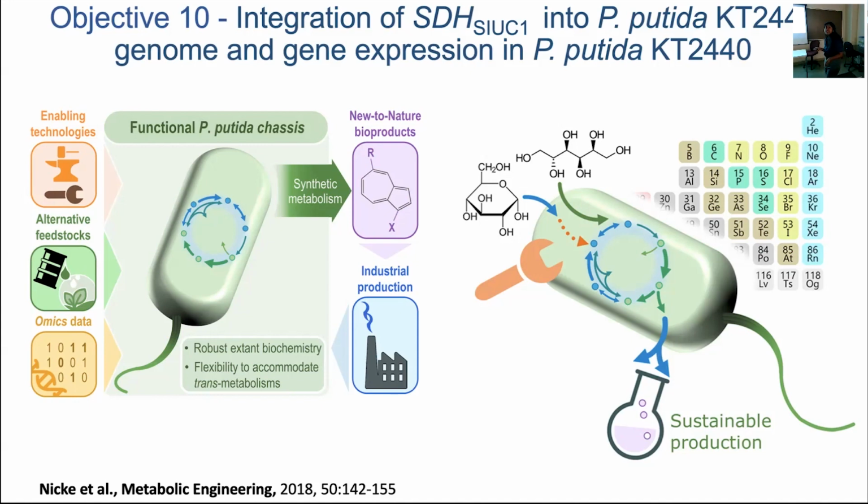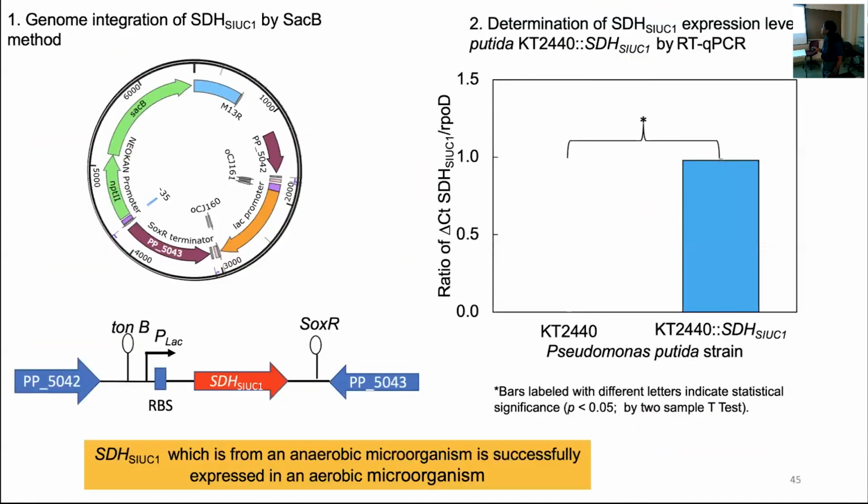We selected this bacterium because it is a robust, metabolically versatile bacterium, which is recognized as able to thrive in harsh conditions and participate in the production of a series of metabolites. So as we found this is the best candidate for our work, we decided to integrate STH-SiUC1 into the genome of Pseudomonas putida KT2440.